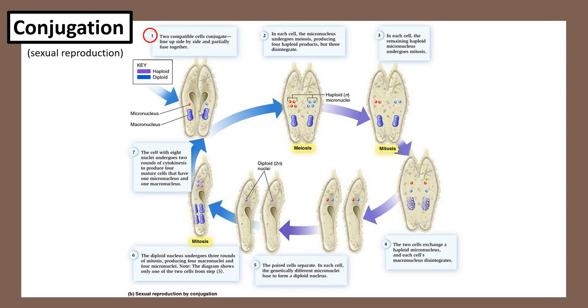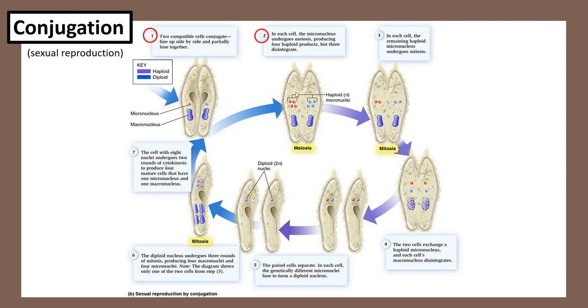Their bodies partially join each other, and they become connected. They have the different colors for the micronuclei just so you can see the differences. And primarily they line up at the oral grooves. They're the equivalent of the mouth.